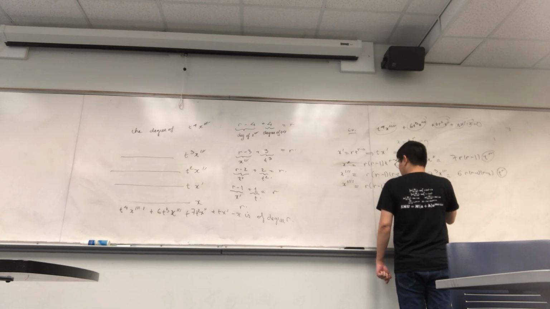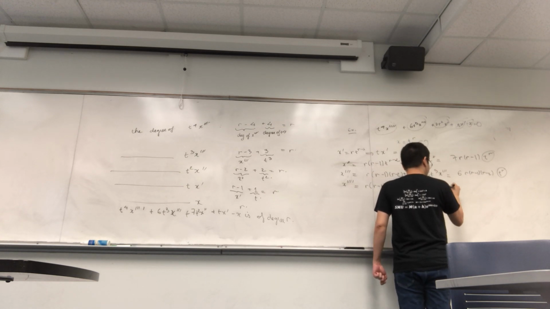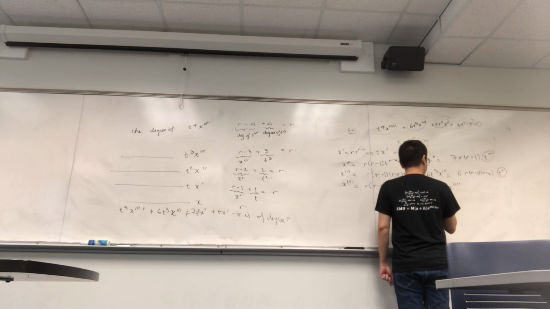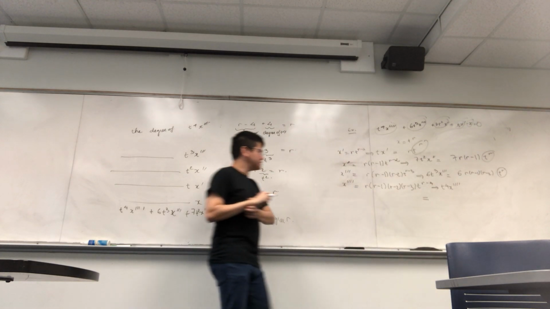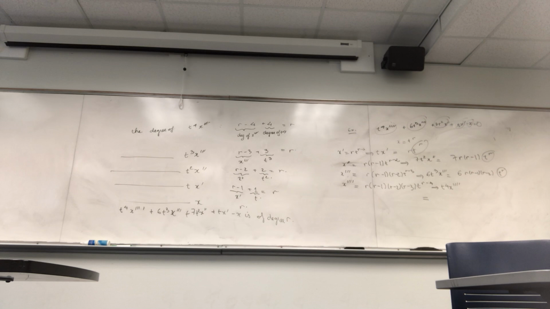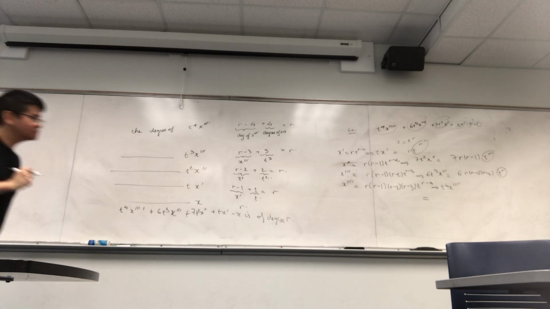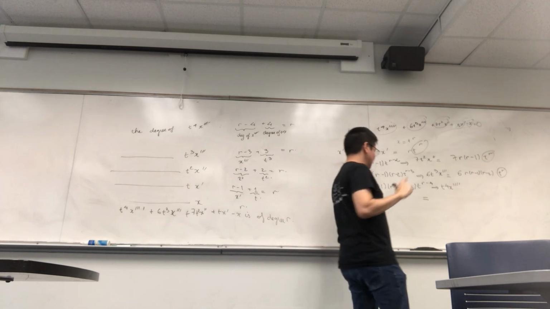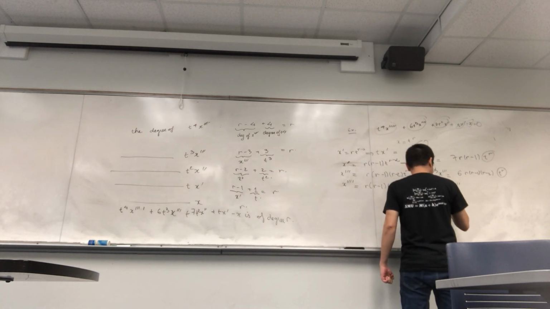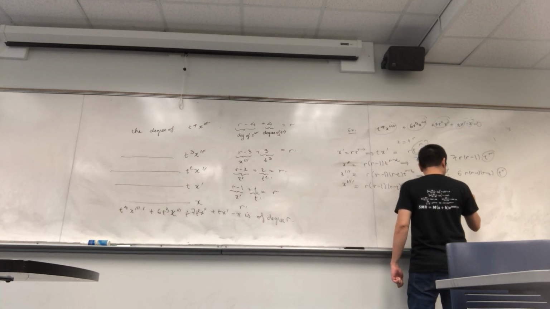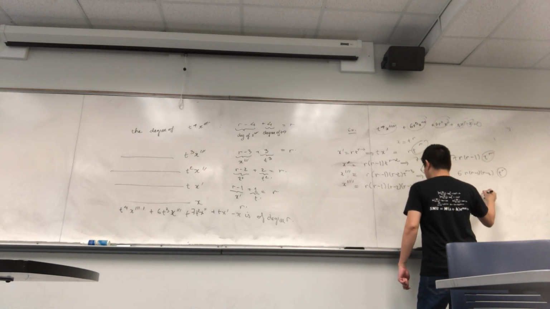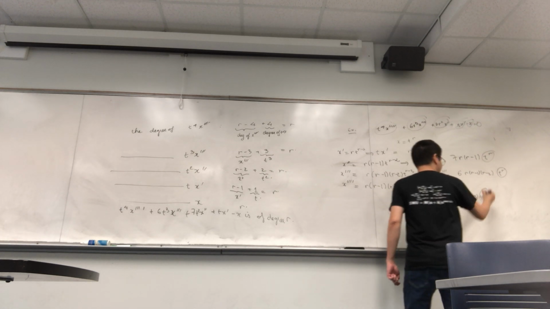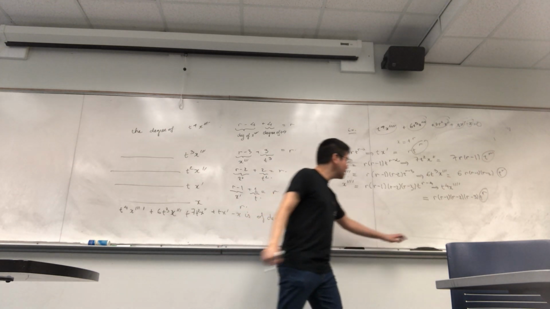So t to the 4 times the fourth derivative of x is r times (r minus 1), (r minus 2), (r minus 3), t to the r. Again, this is t to the r, and you are happy.